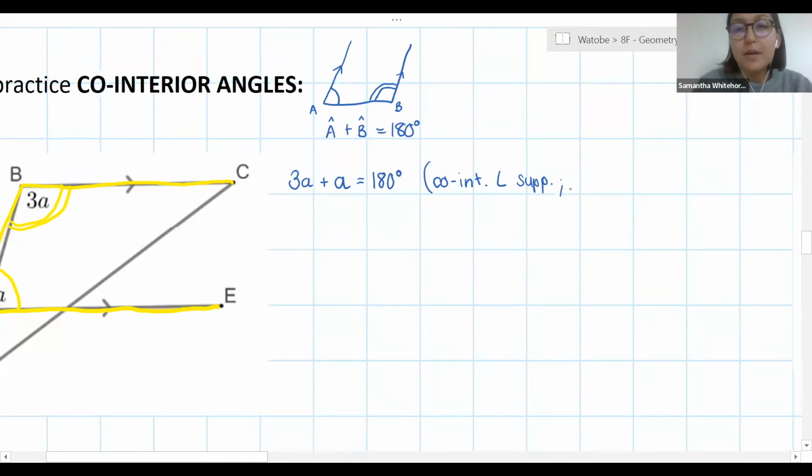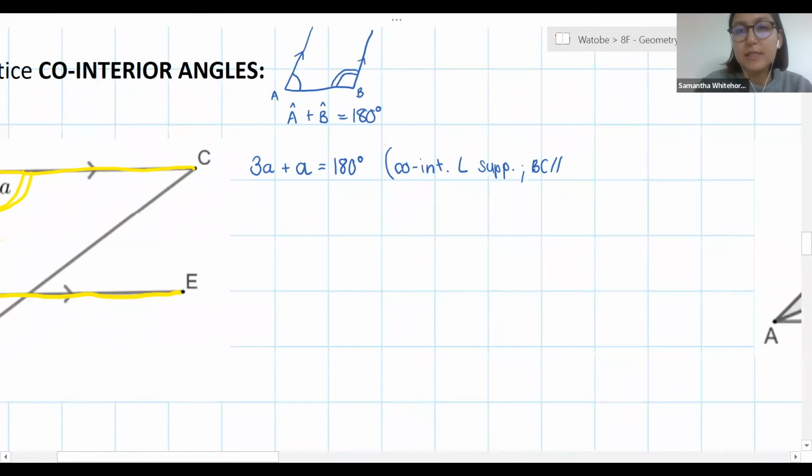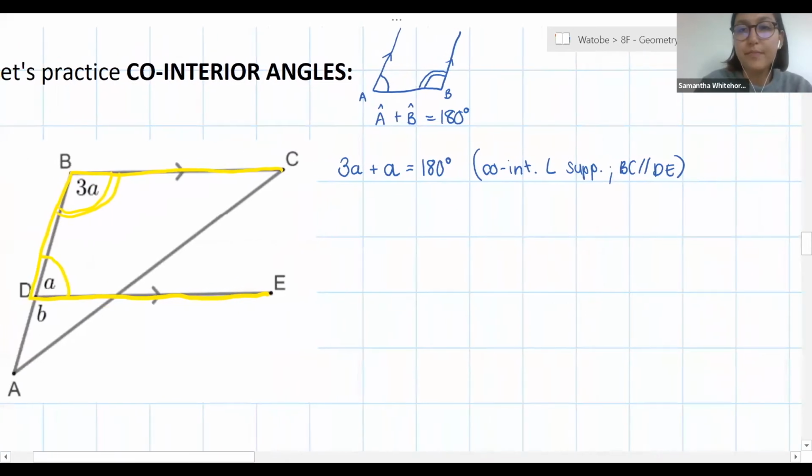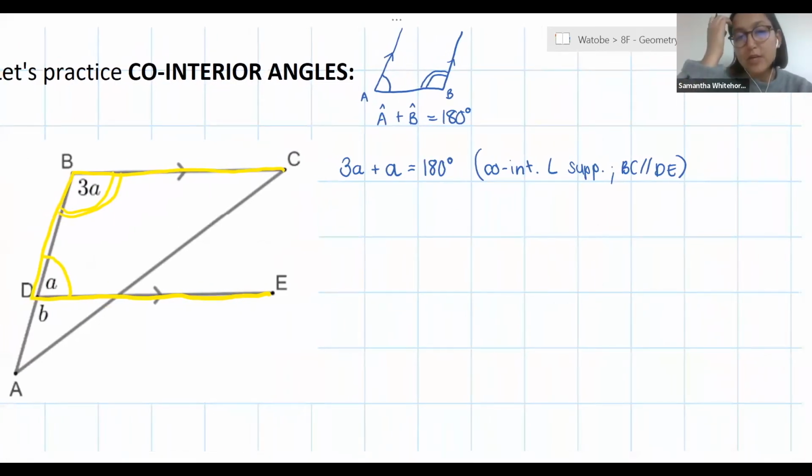And remember, BC is parallel to DE. So we always state our parallel lines that we are working with. I generally don't write the sup, I just write co-interior angles. That's absolutely fine as well, but I do know some of you do it, so I just want you to know that that is absolutely fine if you do it like that.